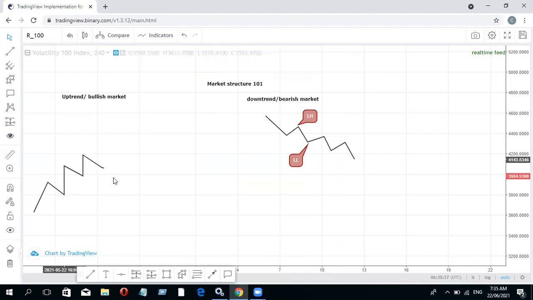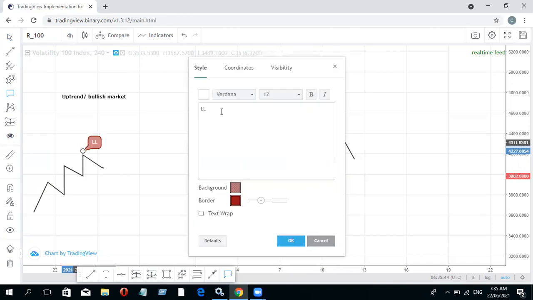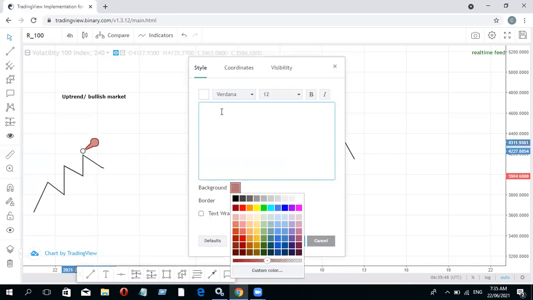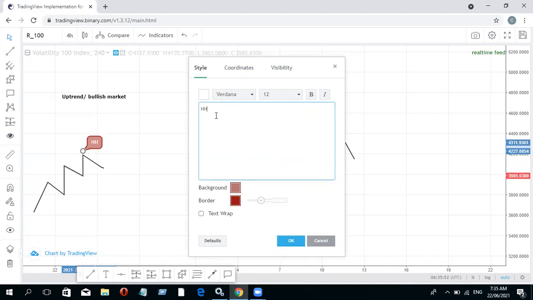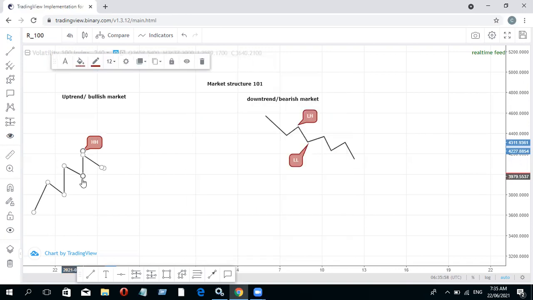Now, in the bullish market, the market makes what we call higher highs and higher lows. This is called a higher high, and this point where the market comes down before going back up is called a higher low.